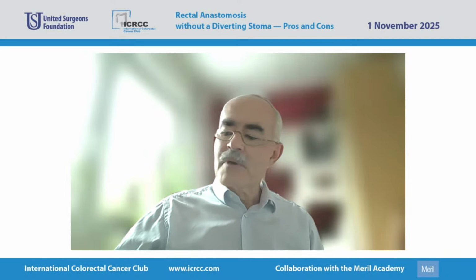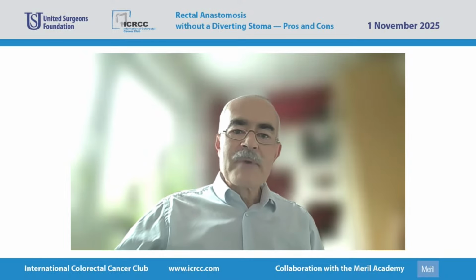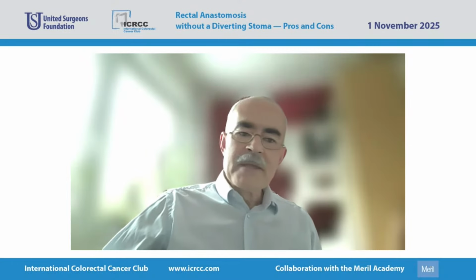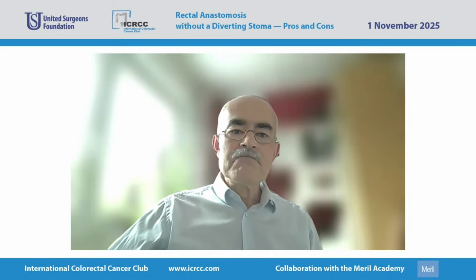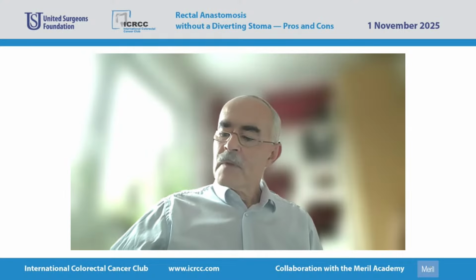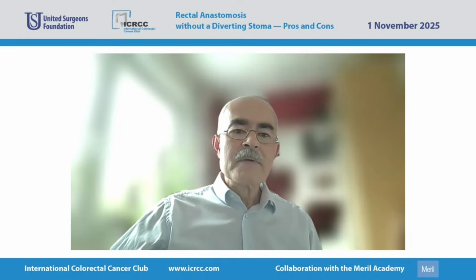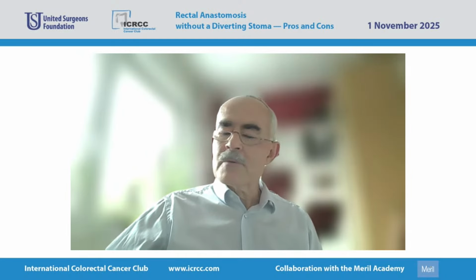It's very interesting to avoid a second operation. You don't have a ghost ileostomy or such things. So I think that is a very nice way to avoid a long-term stoma.